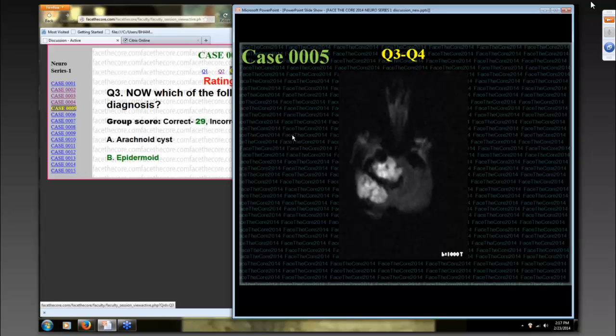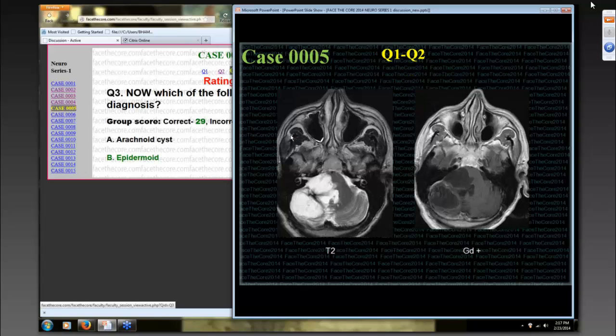Other than this, the other important finding that you normally see in cases of epidermoids, as opposed to an arachnoid cyst, is the internal architecture of the lesion itself. Even if you don't have the diffusion weighted images, if you see the internal architecture, there will be partial septations and some signal intensities within the lesion.